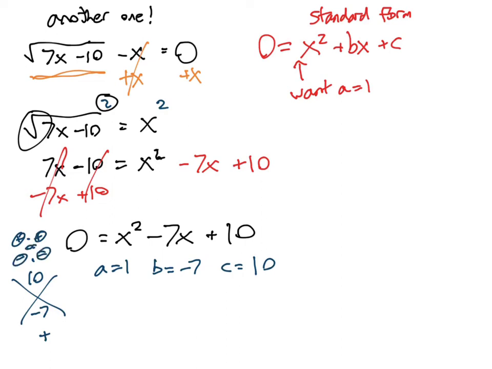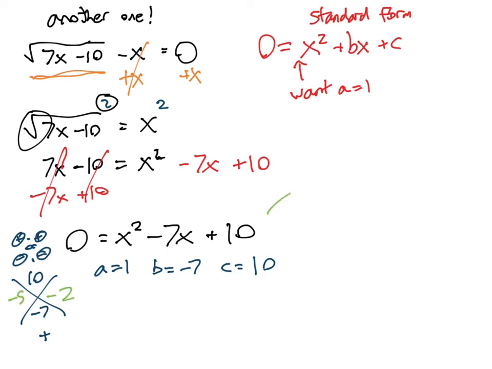But since the number we're trying to get through adding is a negative number, that means that we need to use two negative numbers. So their product will be positive, but their sum will be negative. And the two negative factors of 10 that we can use are negative 5 and negative 2.